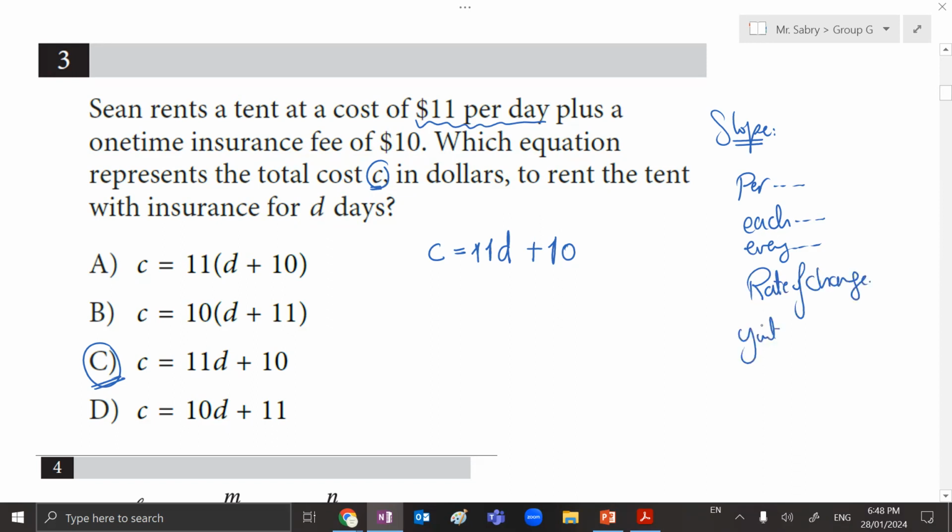While the y-intercept has other keywords, like initial value, or one-time fee, or once, or the start, or the beginning. So when they said here that this is paid 11 per day, I know right away that this represents the slope. And because this is a one-time fee of 10, then I know right away the 10 is the y-intercept. So I can write it in the form of y equals mx plus b, just how it says.